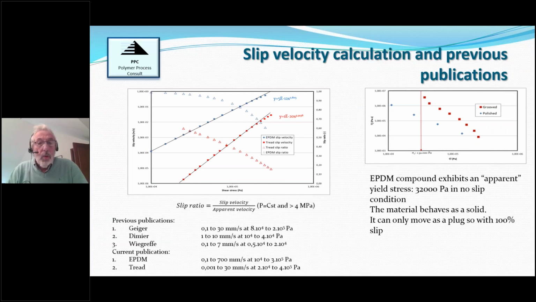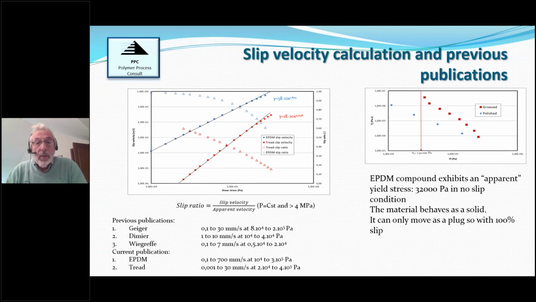So the slip velocity is in that case measured here. And we have, of course, a high slip velocity on the EPDM compound, and much less on the tread compound. They both follow the Navier coefficient because it's a power law for both, on a log-log scale.